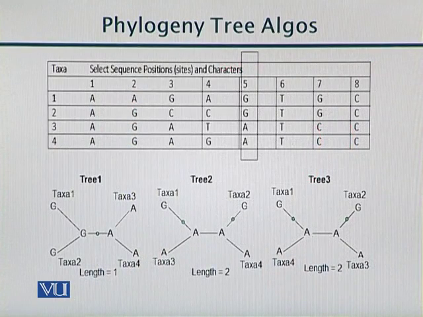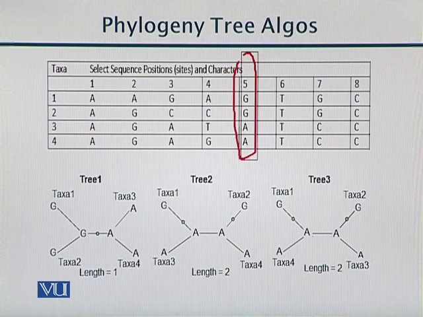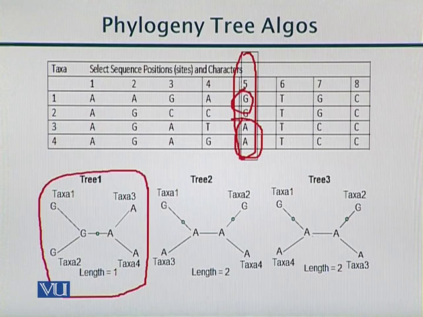If I take an example of column number 5, where we had two characters, G and A, each repeated two times, how can we build a tree out of these sites? Three examples are given below, using the 5th column, with two G's and two A's. In the first, tree 1, these are the two G's and these are the two A's.